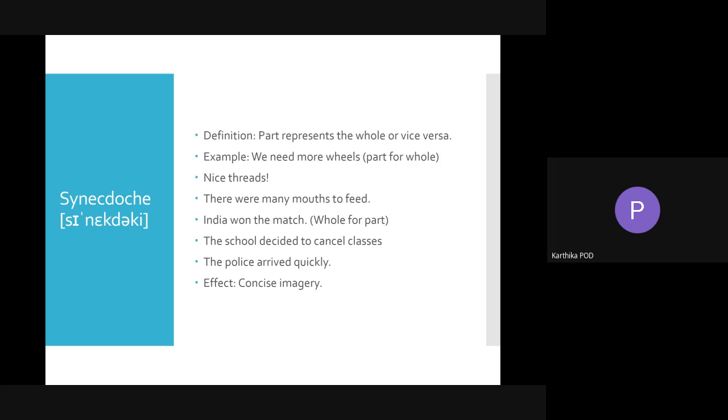Now the vice versa is also possible. For instance, India won the match. India won the match, as in India as a country. So what do I mean by India won the match?